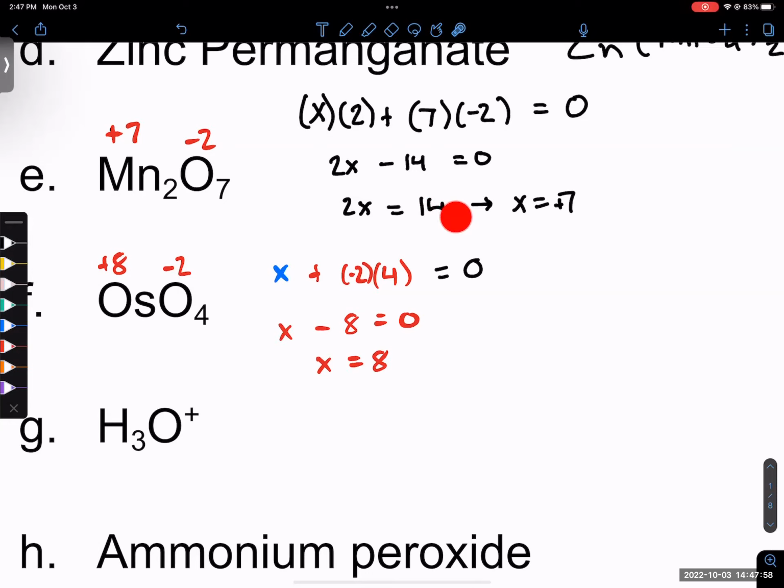In the one that we solved, you put x - 8 equals 0, and to solve for x, yes. Because it's x - 8 equals 0, to solve for x we have to add 8 to both sides. If we add 8 to both sides, you get x - 8 plus 8, which cancels out. And then 0 plus 8 is equal to the 8 that we're getting as the oxidation number, right? Yes, perfect, thank you.